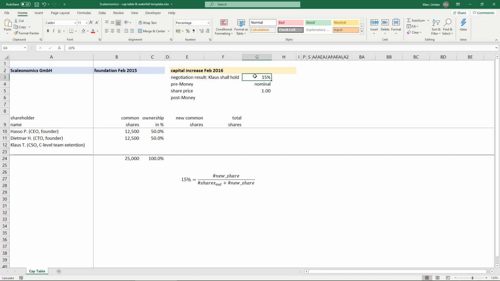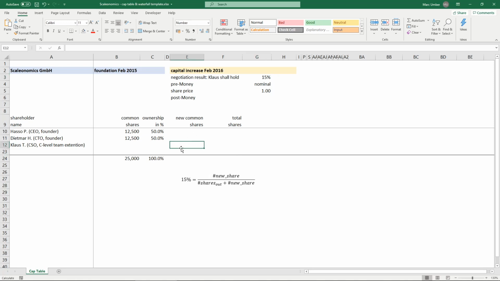Now, to answer the question of how many new shares need to be issued, we need to solve this equation. We know the negotiation result was Klaus shall hold 15%, which is going to be the fraction of the new shares created as of the total shares outstanding after the capital increase.